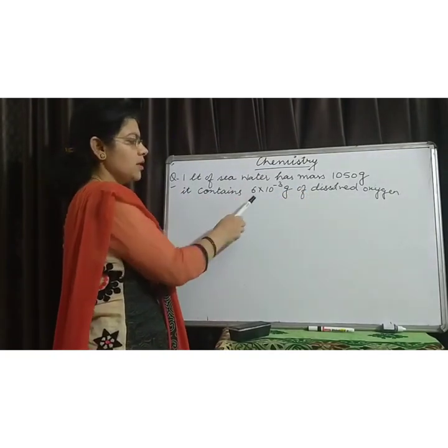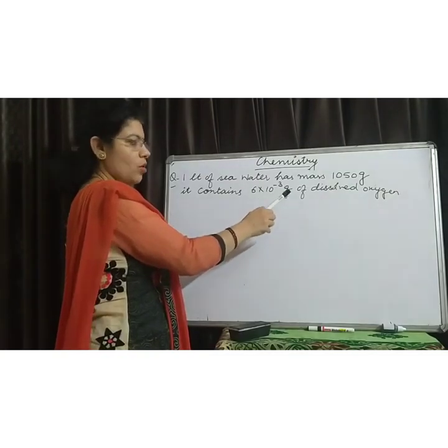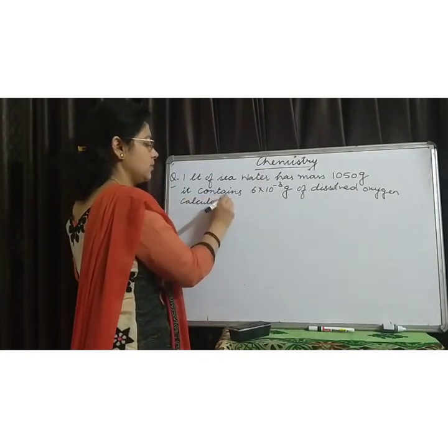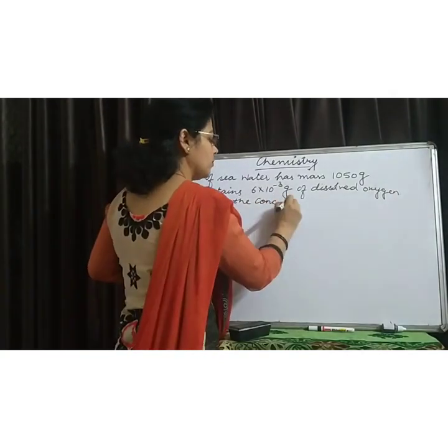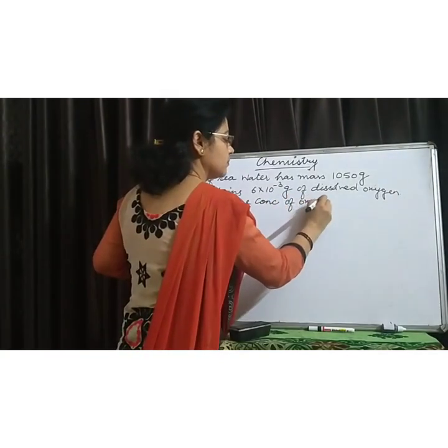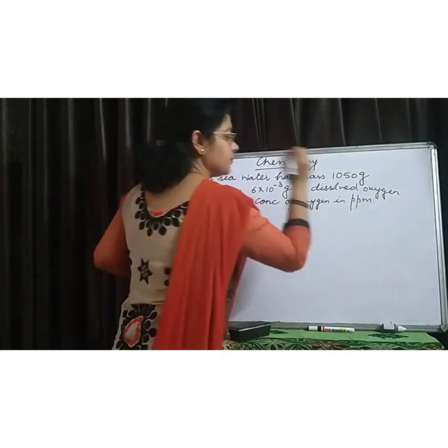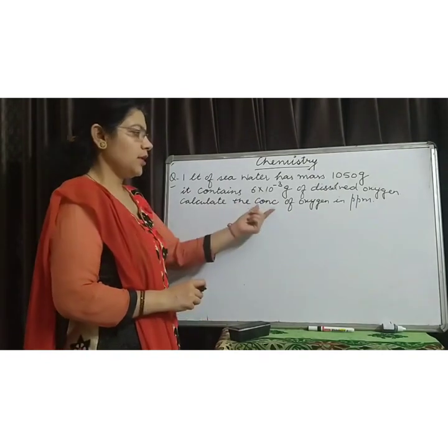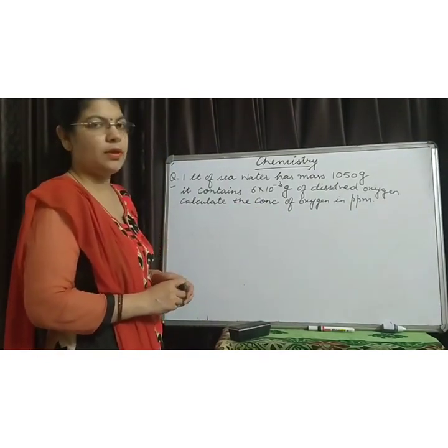It contains 6 into 10 raised to power minus 3 gram of dissolved oxygen. Calculate the concentration of oxygen in ppm. You have to calculate the concentration of oxygen in terms of ppm.